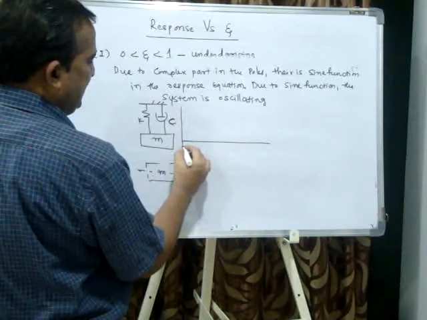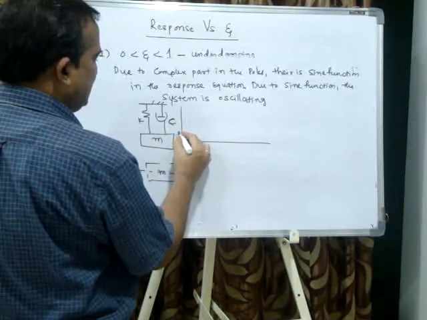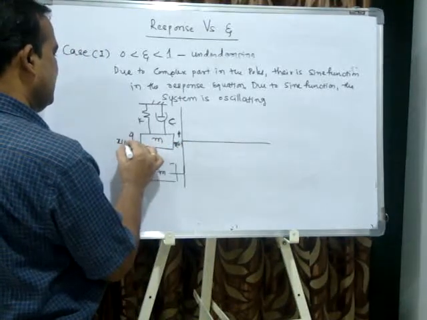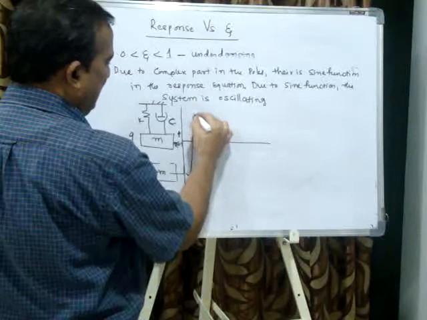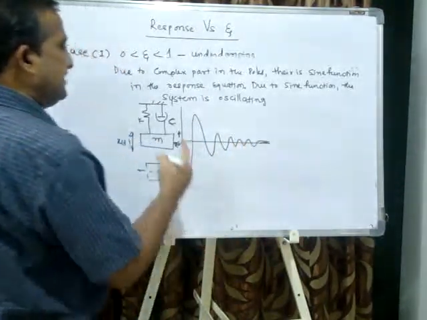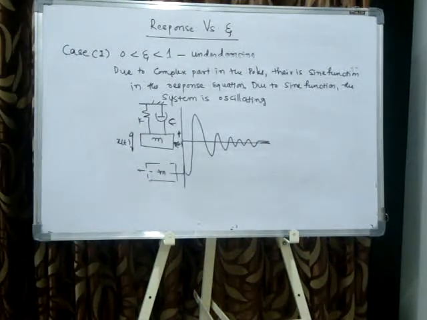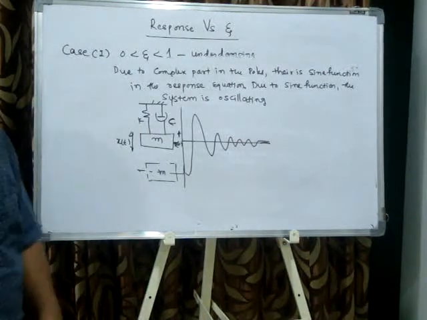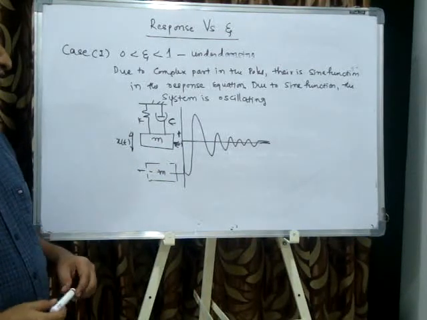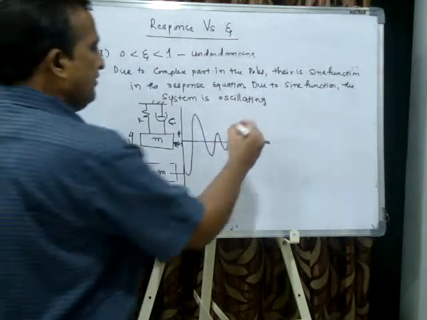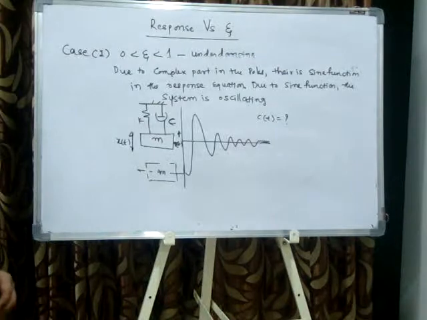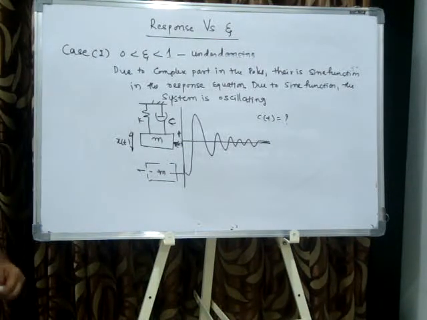This is C of t, which is nothing but x of t. If you pull it and leave it, it starts oscillating, and it will come to rest. Definitely there is oscillation because due to complex part in the poles, there is a sine function in the response. This is called the response equation. Next class we will derive what is the C of t for underdamping.